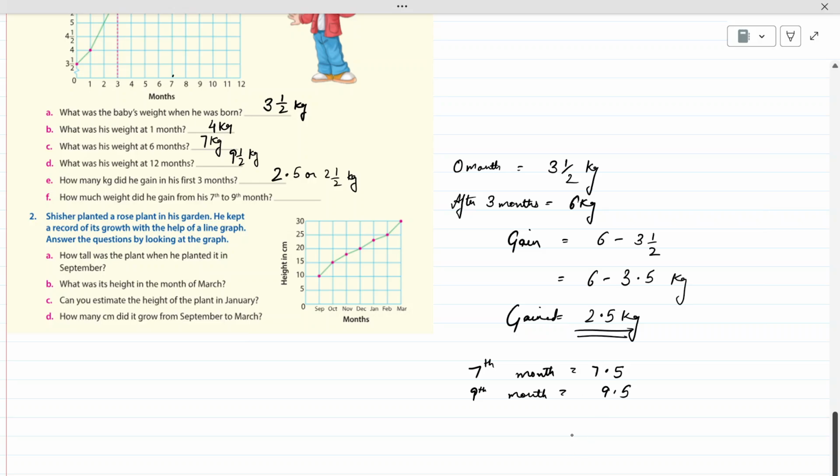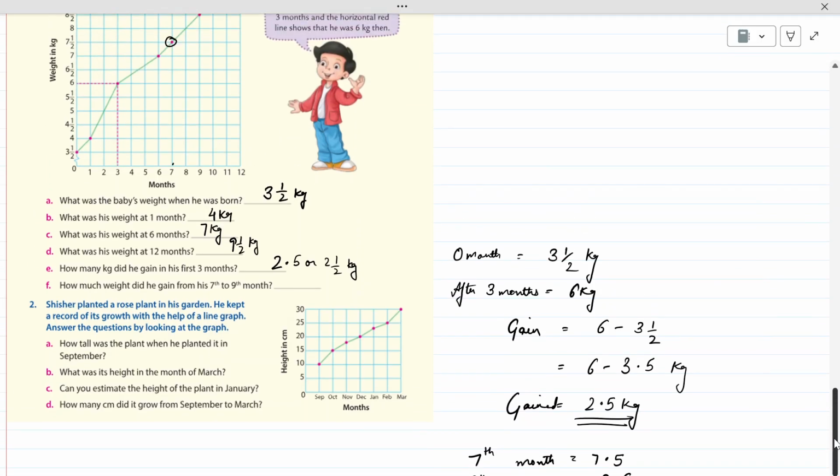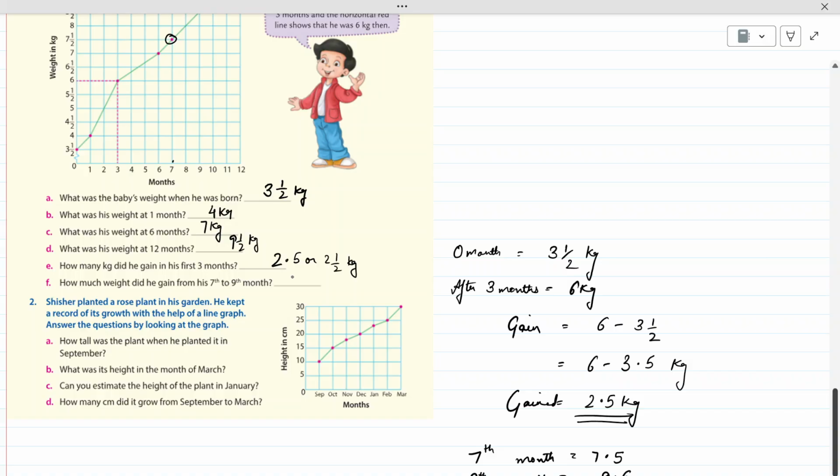If we subtract, we get the gain over 2 months from 7 to 9, that is 2 kgs. So from the 7th to 9th month, the baby has gained 2 kg of weight. Easy. So kids, you just know how to read the graph, and then you can easily find out the information.